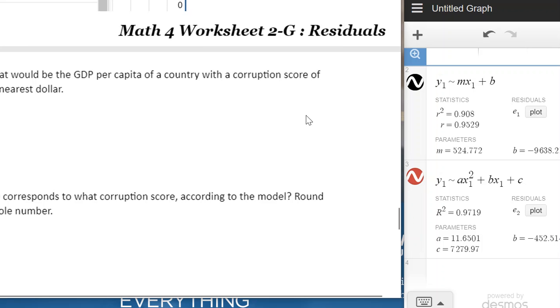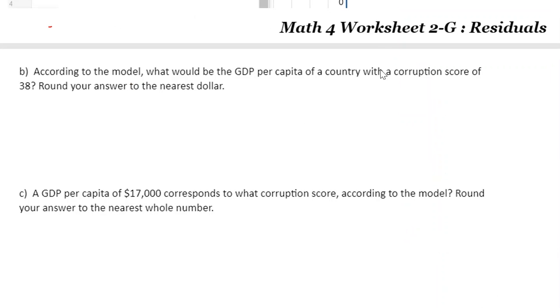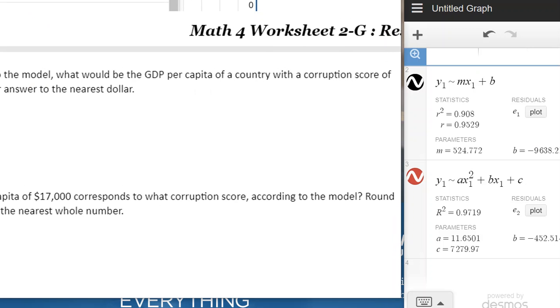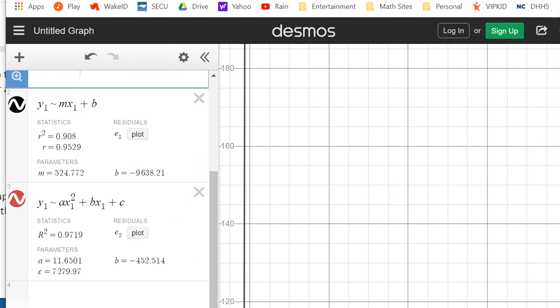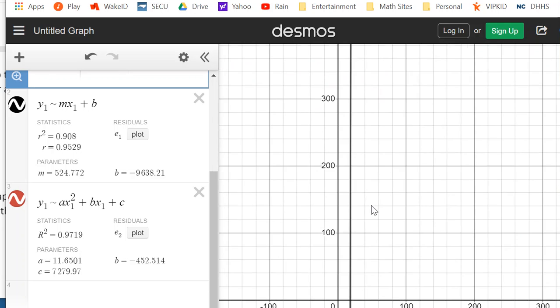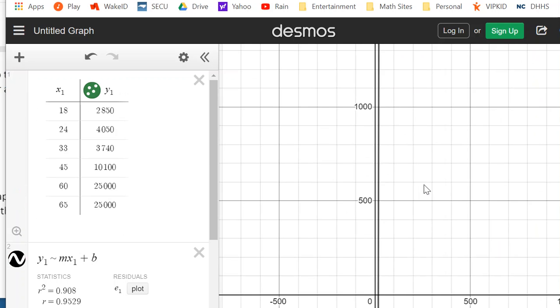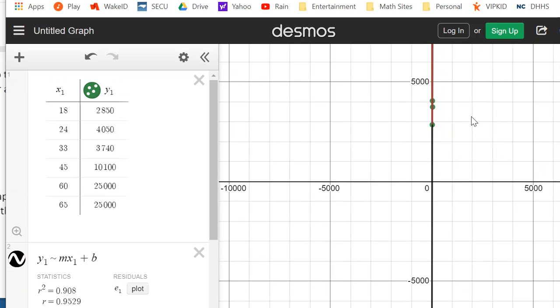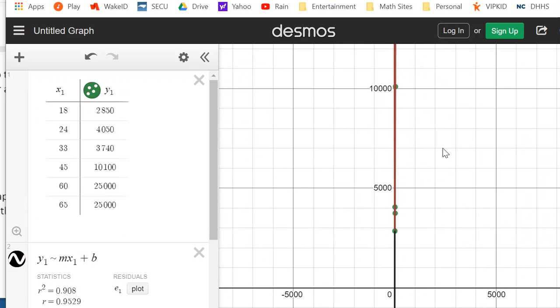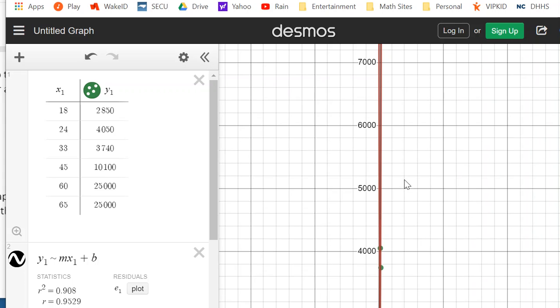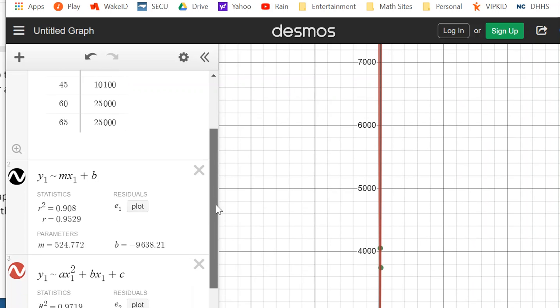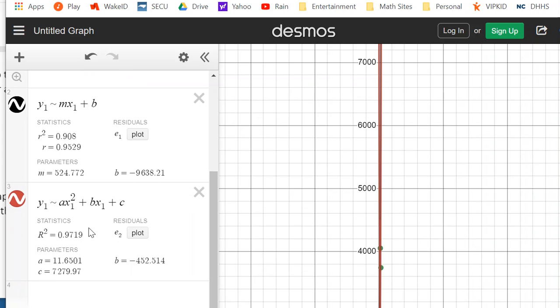Now, let's do this out on a full thing. All right, we need, what is a corruption score of 38? What would the GDP look like? So X is 38. All right, this thing is going to be in the thousands, or 10,000s. So for a corruption score of 38, we want the quadratic.